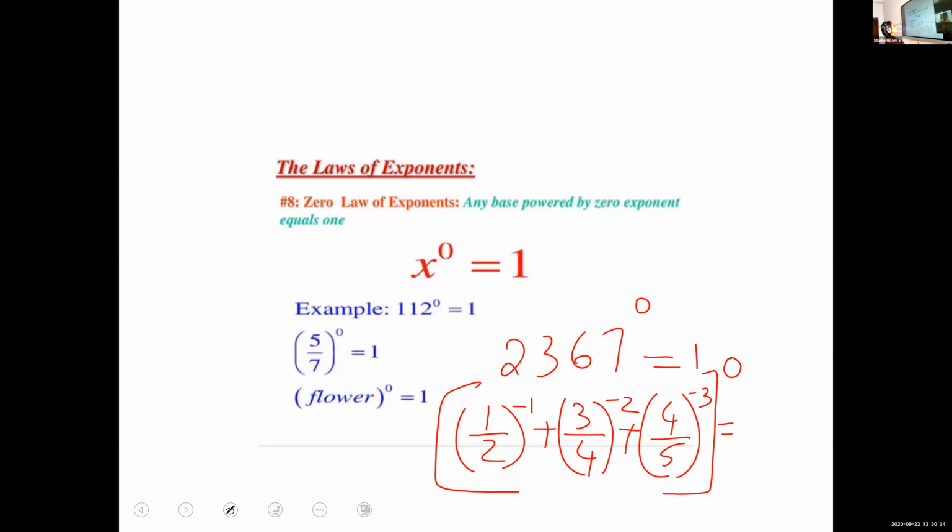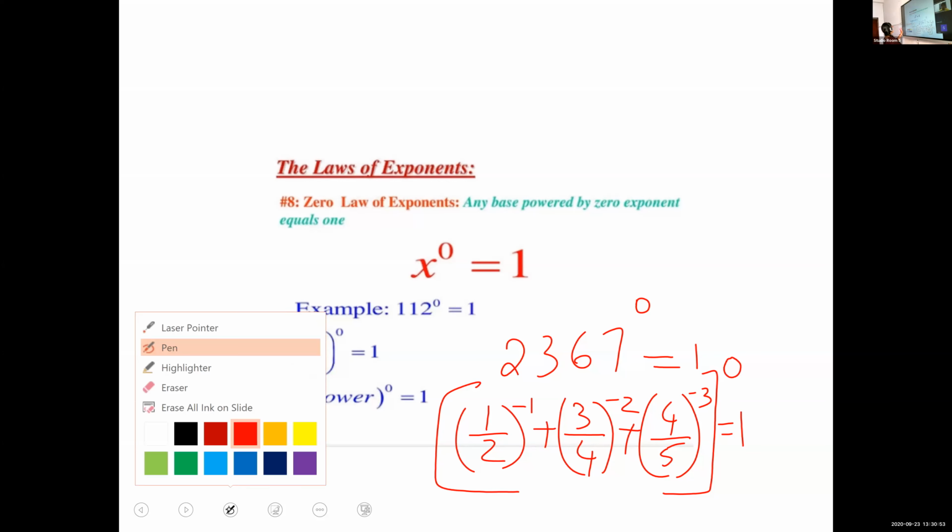Irene, what is the value of this one? It is 1, ma'am. Okay, Ken, it is equal to 1. So any quantity raised to 0 equals 1.